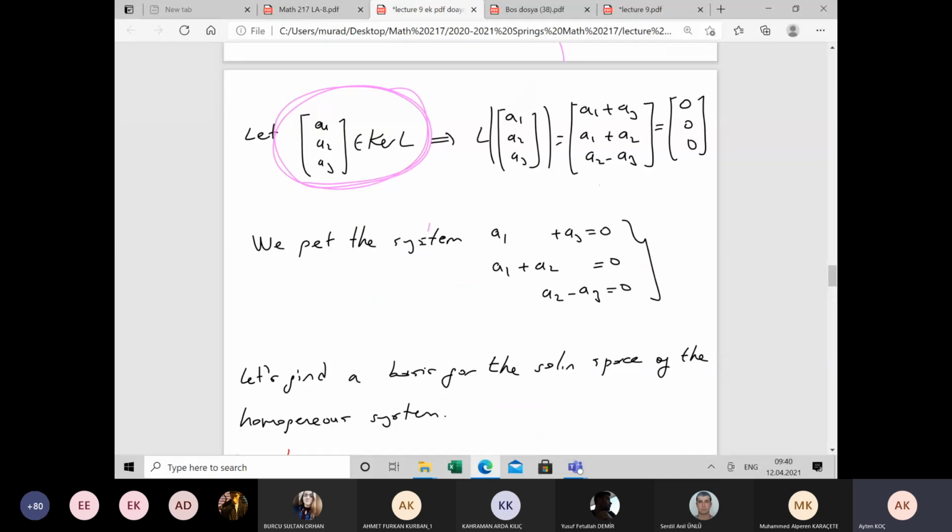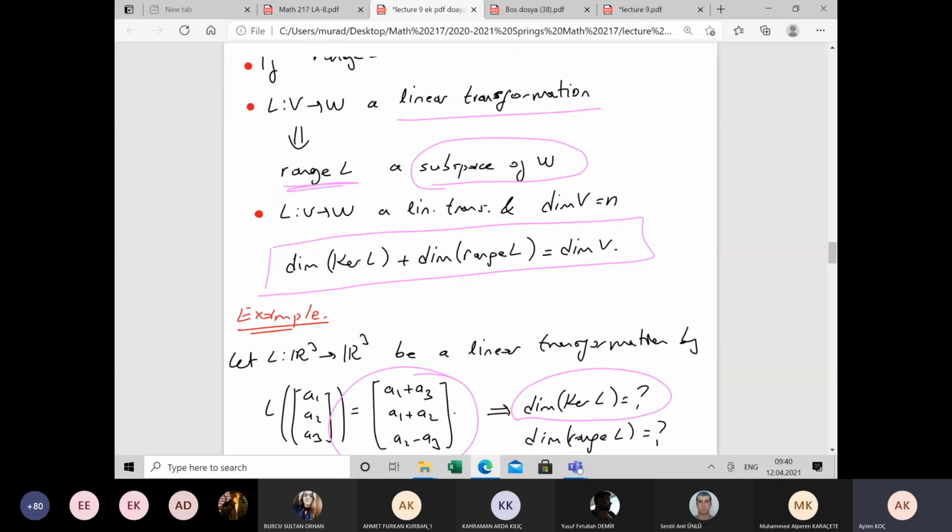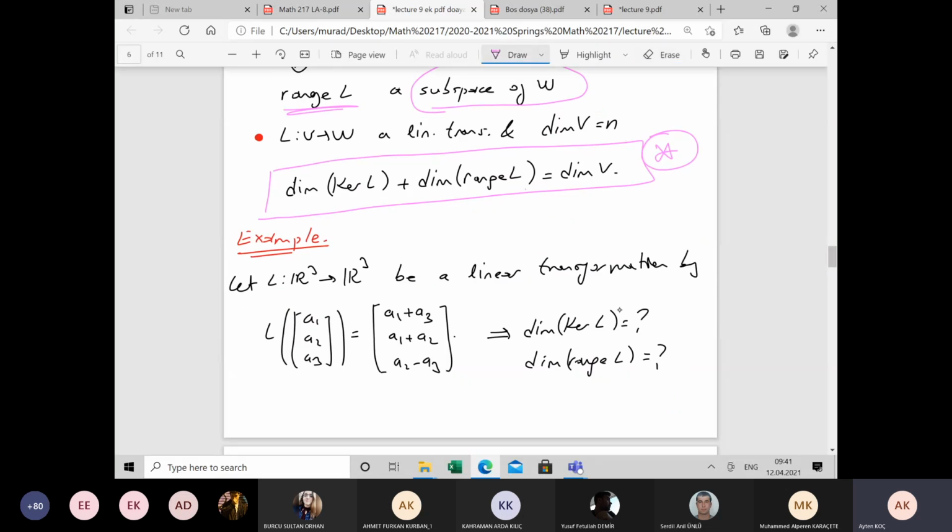What's the theorem? This fact: the dimension of the kernel plus the dimension of the range is equal to the dimension of V. Let's come back to our question. Our aim was to find the kernel, and we know the dimension is 1. The next question: find the dimension of the range of L. Use this fact.